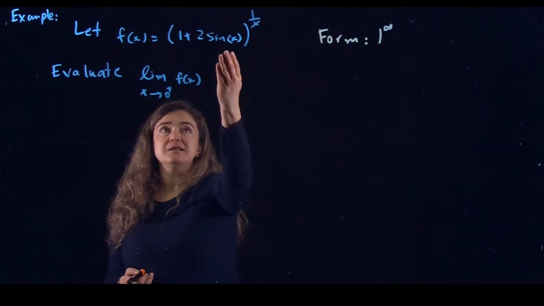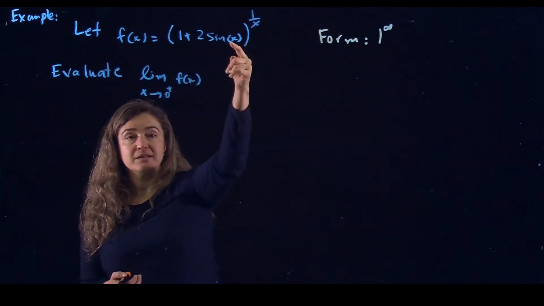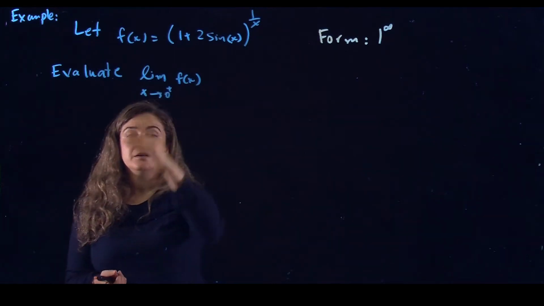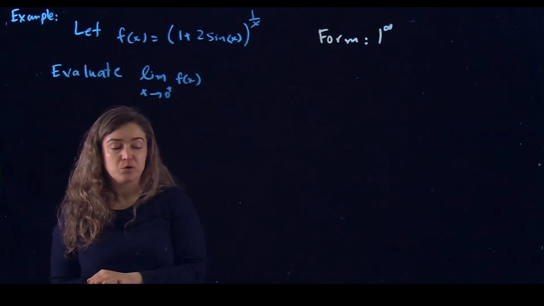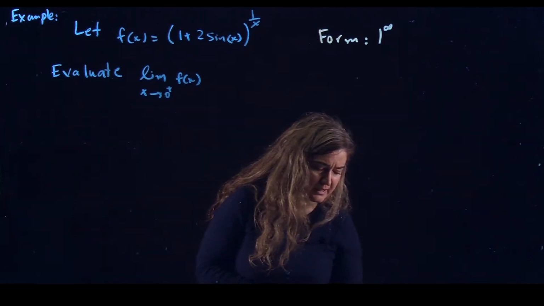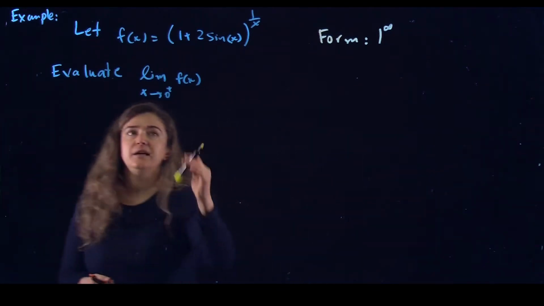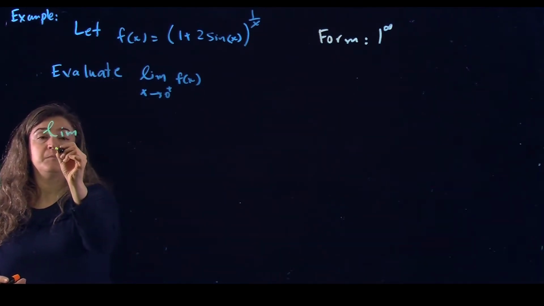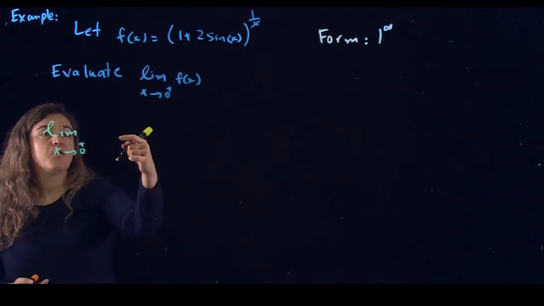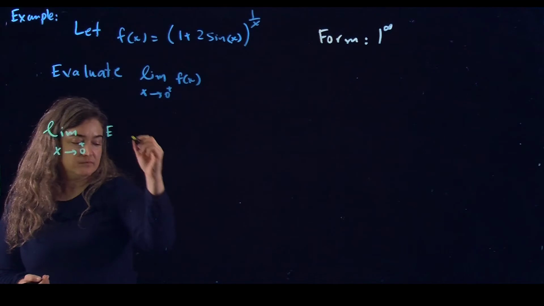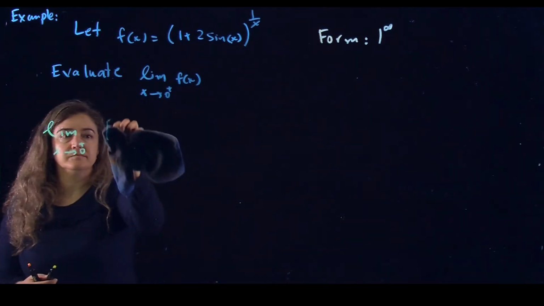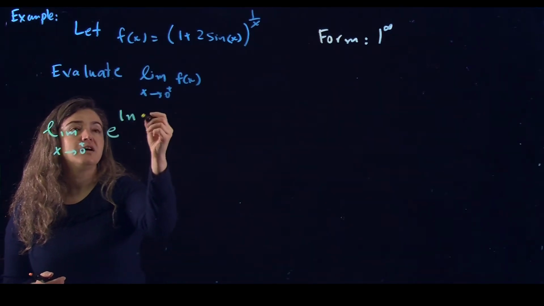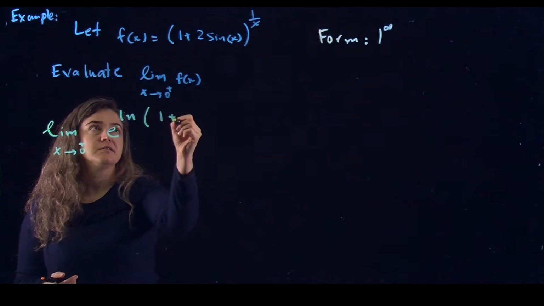We learned that when it's a non-constant function to power a non-constant function, the best way to evaluate limits is to use L'Hopital rule. To go about doing that, first thing is to rewrite the function and to write the limit in this format: exponential of natural log of the function.